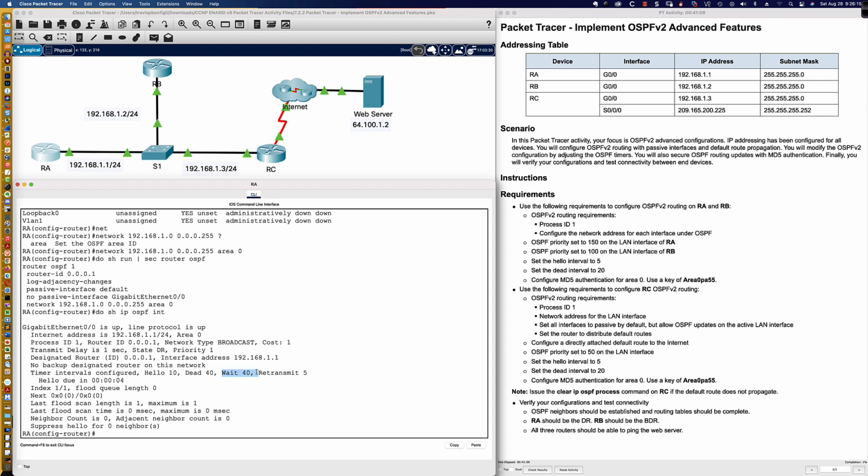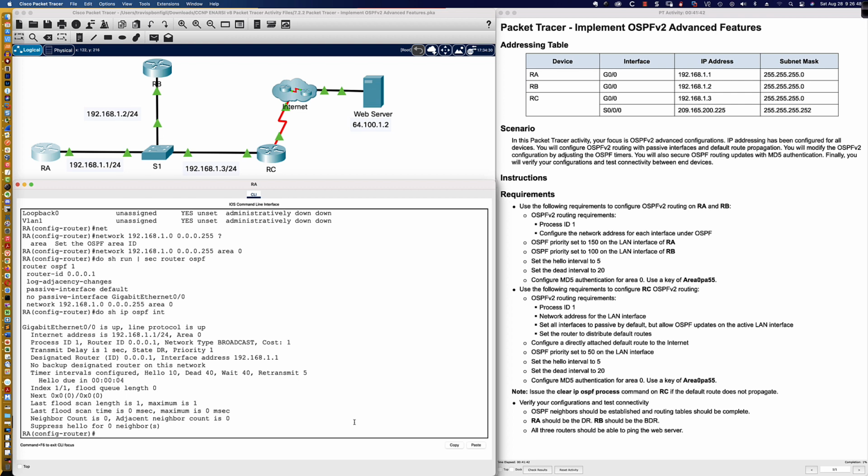In fact, router A is going to wait about 40 seconds, and that's what that wait value is here in the output of the show IP OSPF interface command. That 40 seconds is how long router A is going to wait before it basically says, hey, I am the designated router. And you can see right here, designated router, there is the router ID for the designated router. That is my router ID. So I've elected myself as the DR.